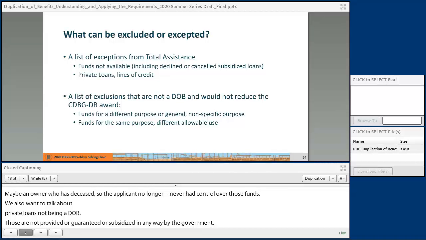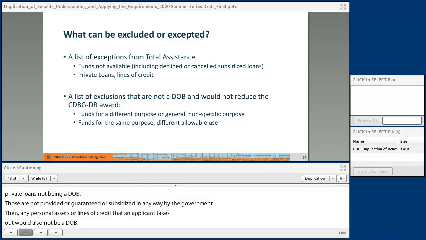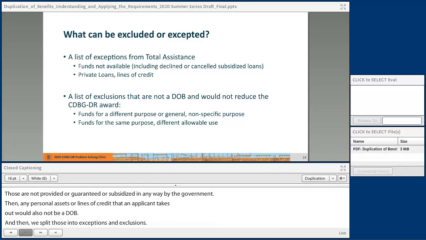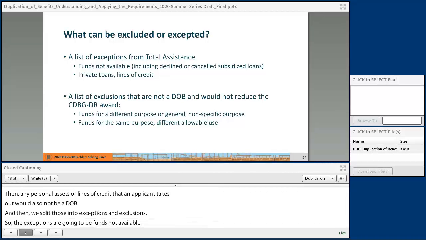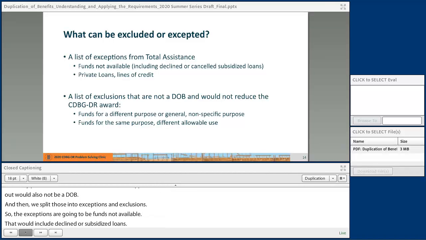And then we split those into exceptions and exclusions. The exceptions are going to be funds not available, which would include declined or canceled subsidized loans. We're going to talk about that in the next slide. So we'll go into declined loans, canceled loans, and subsidized loans specifically.